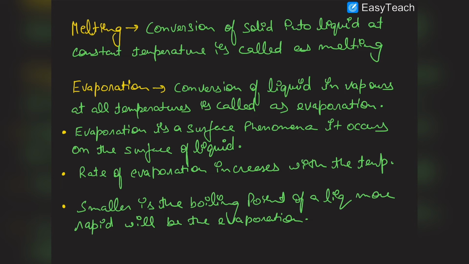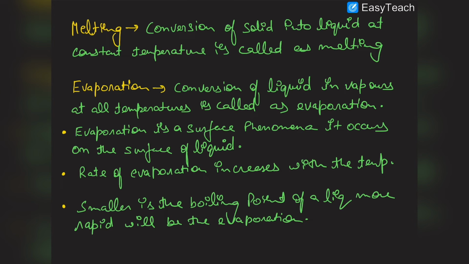But we know that boiling occurs in the complete water. When water boils at the boiling point, which is 100 degrees Celsius, boiling occurs in the complete water, not just on the surface.